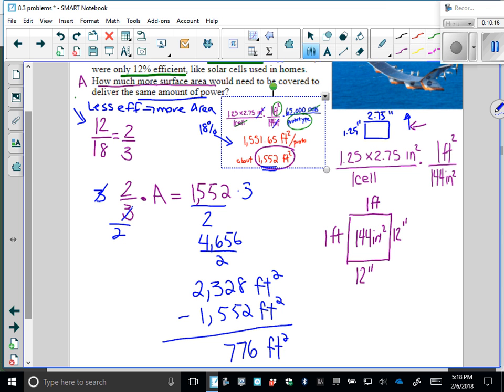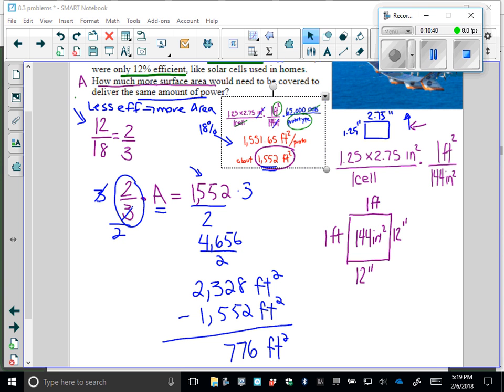And to figure out how much more area, we know that it's less efficient, so we're going to have to take 2/3 of a bigger number, more surface area, to achieve the same amount of energy. So I set up sort of a one-step equation.